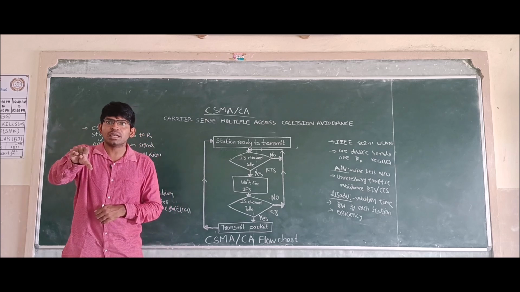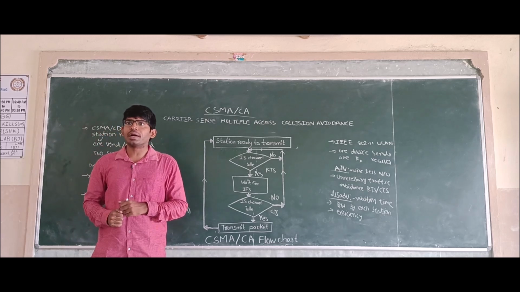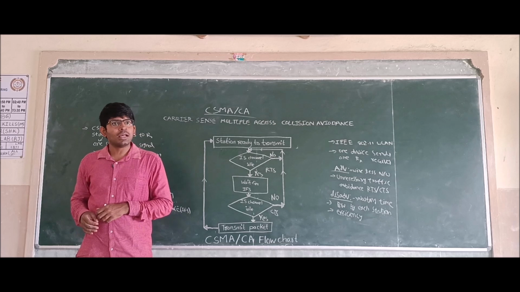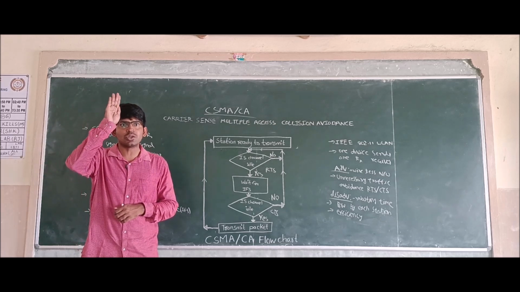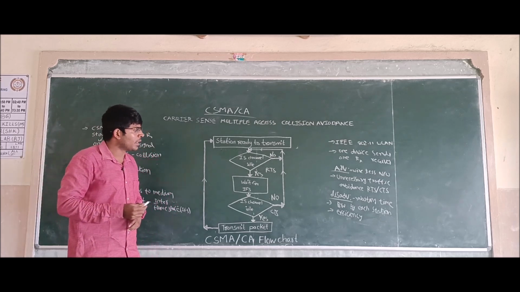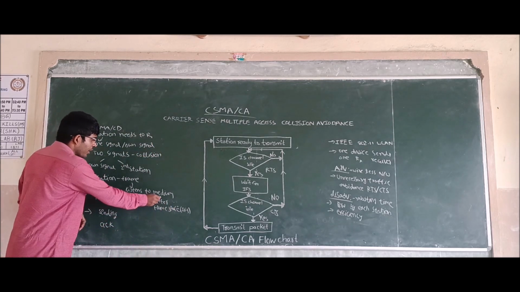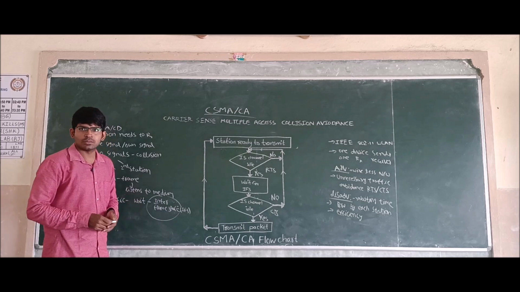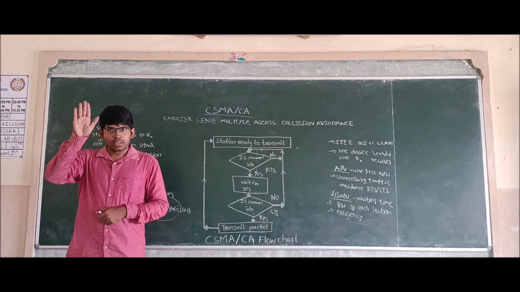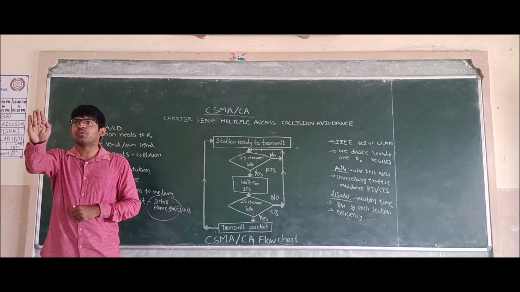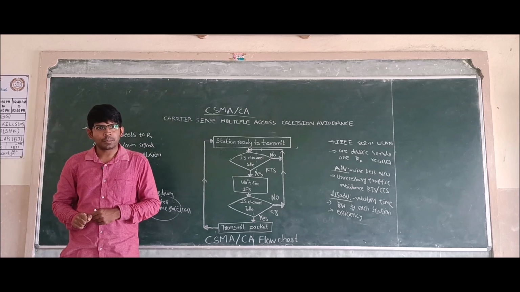Now, when the station wants to send data and the channel is idle, we still ask the station to wait for some amount of time. That is what we call the inter-frame space. Station, the channel is idle, but you have to wait for some time.